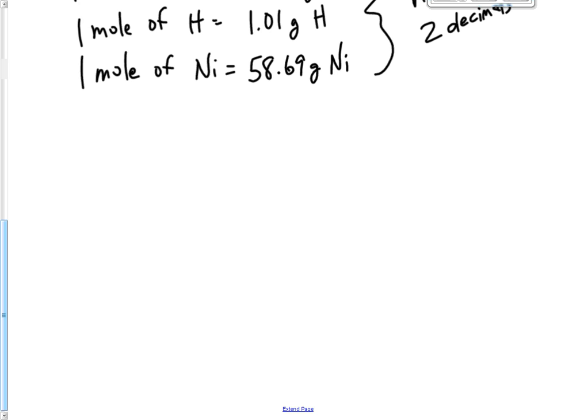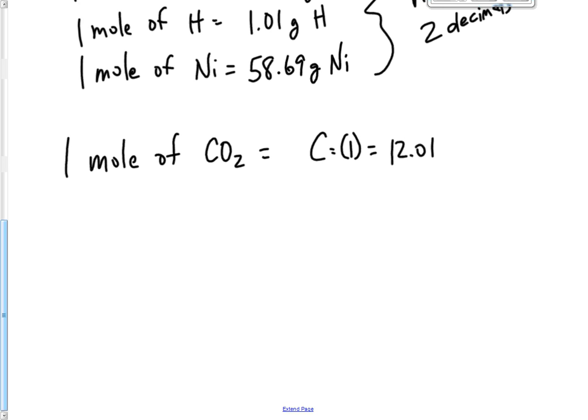The second thing you have to know is how to calculate for an entire formula. So 1 mole of, let's say, CO2, all right, how many grams is that? So we're going to say carbon, we have 1, and each one gives us 12.01 grams.